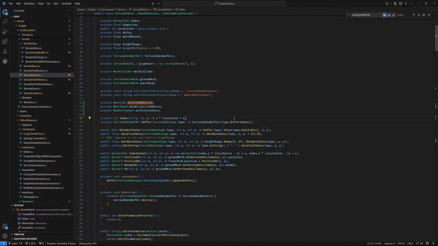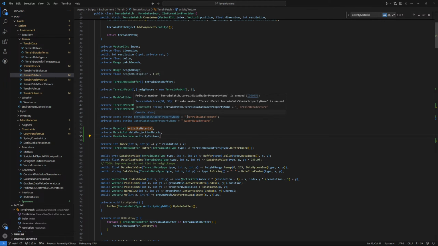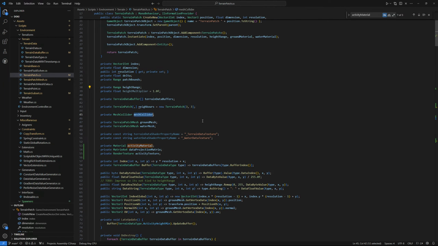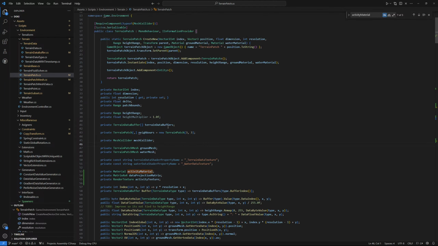Okay, so we're gonna do... I wonder how I want to structure this. Ground mesh, water mesh, height range. Do we want this one here? Yeah, maybe we do.